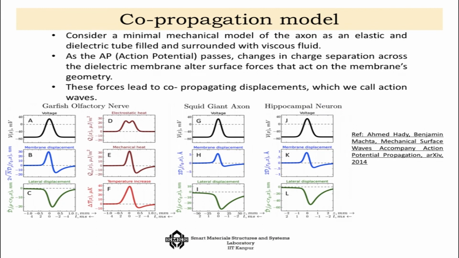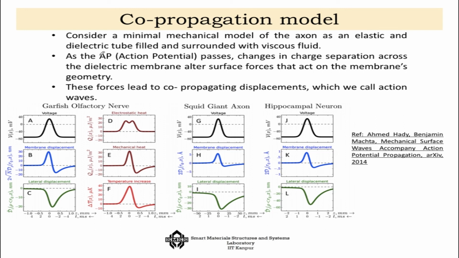Now based on this piezoelectric model and our earlier knowledge, there is a new model which is coming up, which is called a co-propagation model. I'll just very briefly mention this model for your reference. The co-propagation model is something like an advanced version where the piezoelectricity is considered.